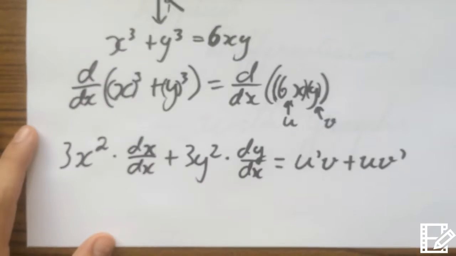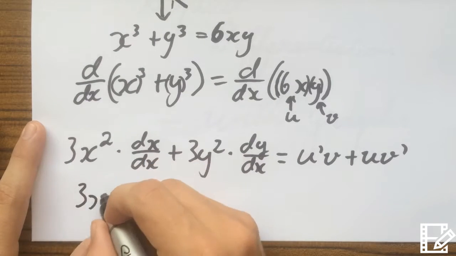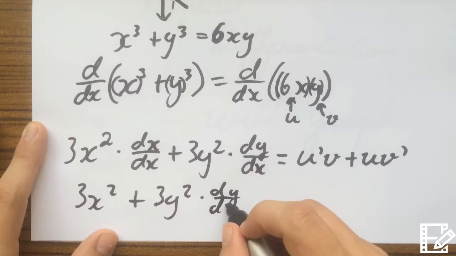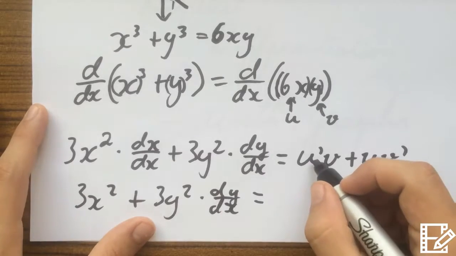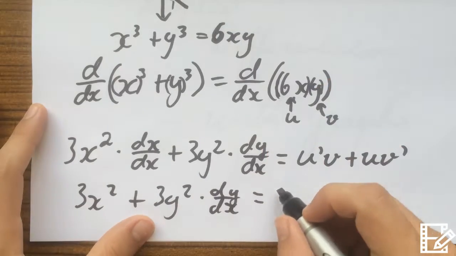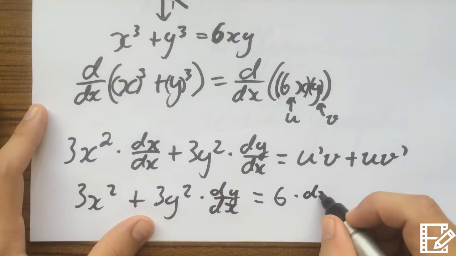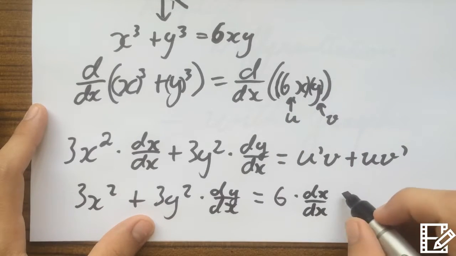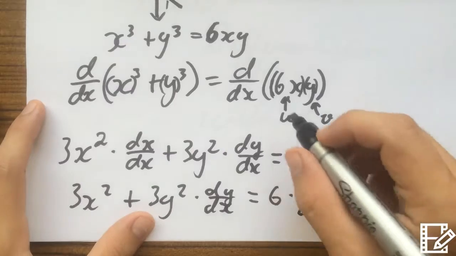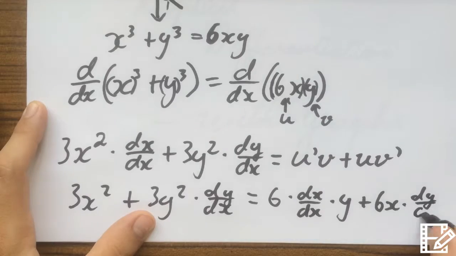Okay. So if we neaten this side up a little bit, all we'll have is 3x squared plus 3y squared multiplied by dy dx equals u dash, 6, the derivative of 6x. First, the derivative of 6x is just 6. Then you multiply by the derivative of the inside, which should just be dx on dx, multiplied by v, which is just y, plus u, which is 6x, multiplied by the derivative of y, which is just the derivative of y.